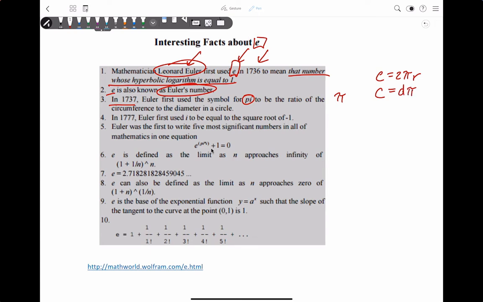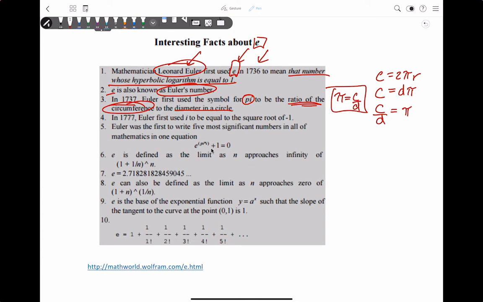Thus, if we divide both sides by the diameter, the circumference divided by the diameter is what pi is. So this is called the ratio of the circumference to the diameter in a circle, and Euler was the first one to use the symbol for pi in that respect.